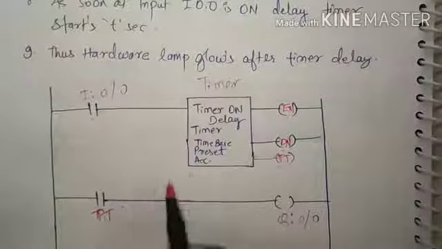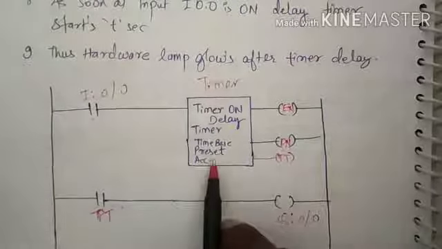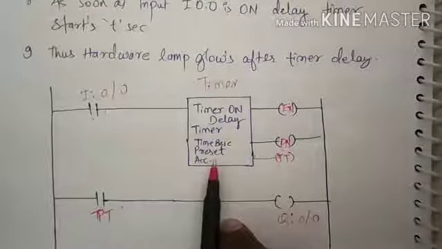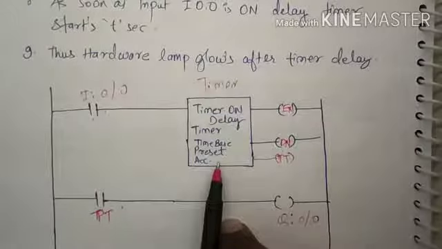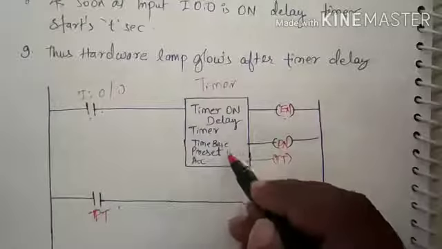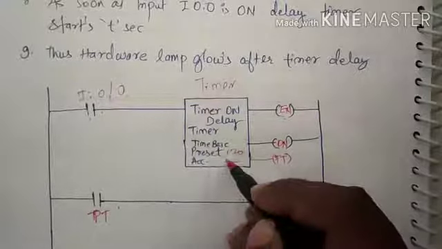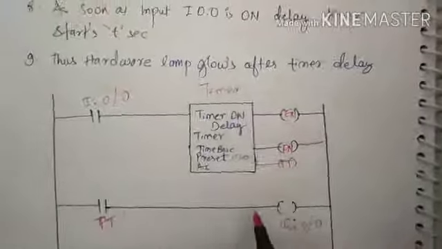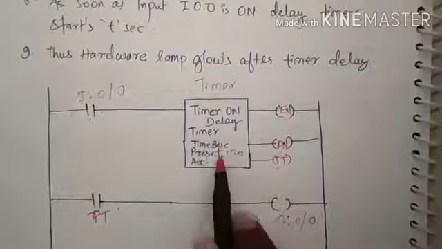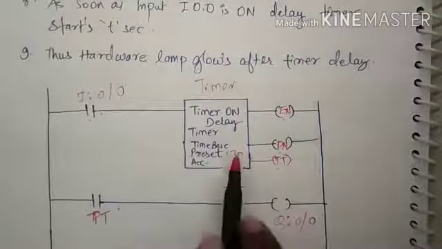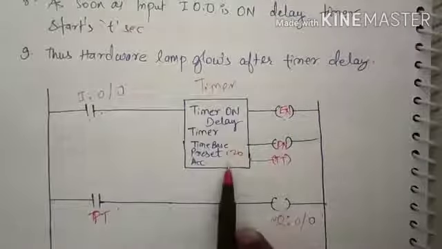As soon as the accumulator is counting the time from 0 up to 120, let's suppose it has a 120 preset value, the accumulator will count from 0 to 120. Till that time the timer will be on. If I want to add some delay during the on condition, what will I do?